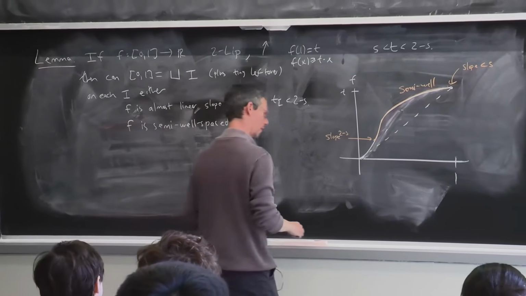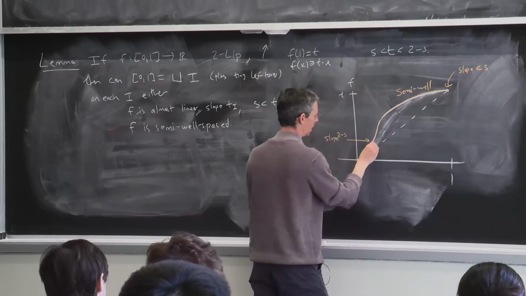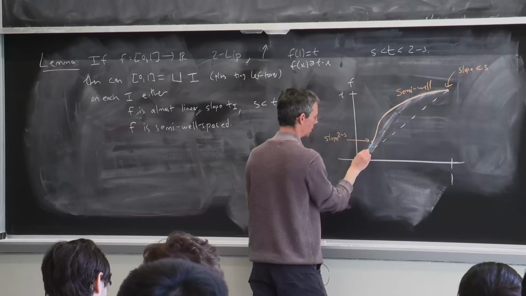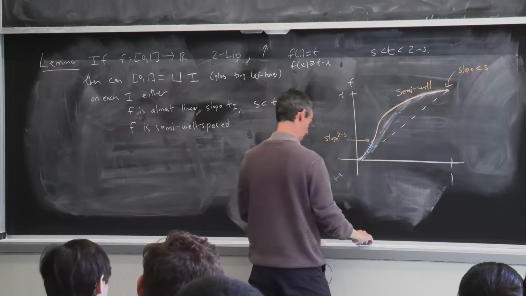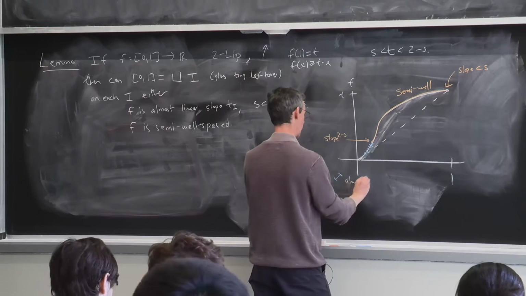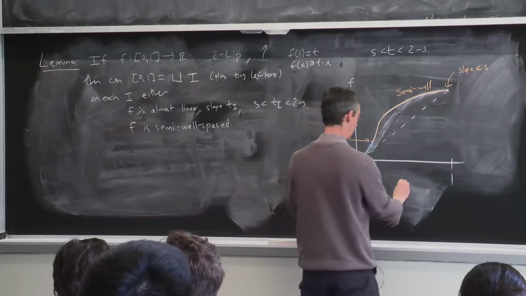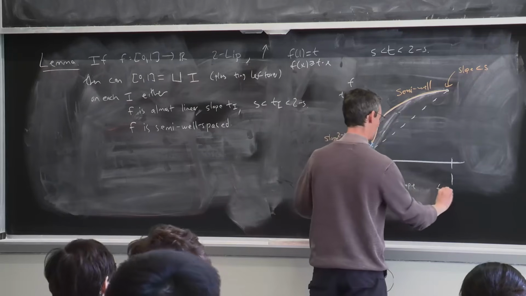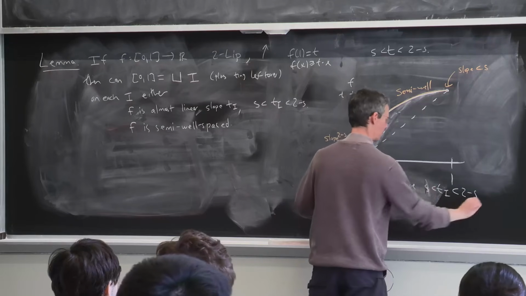And at the beginning, we can take very short intervals. So we'll have this guy, and this guy, and this guy. These blue guys are short, so it's almost linear, and the slope is not yet bigger than 2 minus s. So the slope t_i is less than 2 minus s and bigger than s.